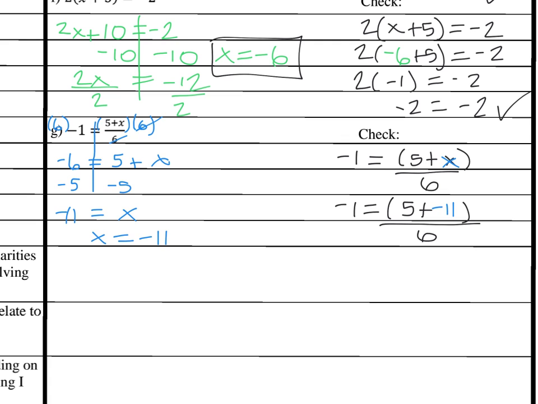We're going to simplify inside the parentheses first. 5 plus negative 11 is negative 6. And negative 6 divided by 6 is negative 1. So negative 1 equals negative 1. We are correct, so x equals negative 11. And this concludes lesson 2.8a.